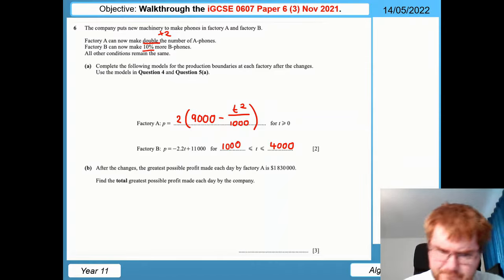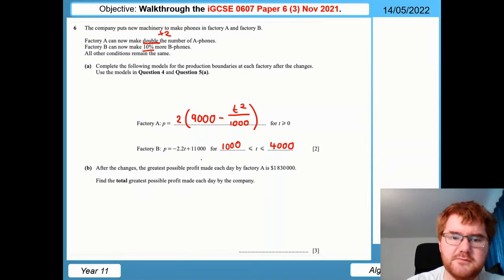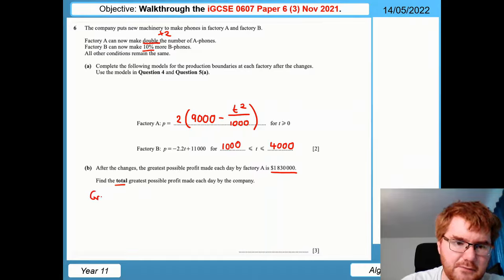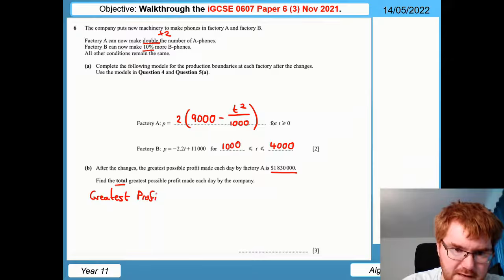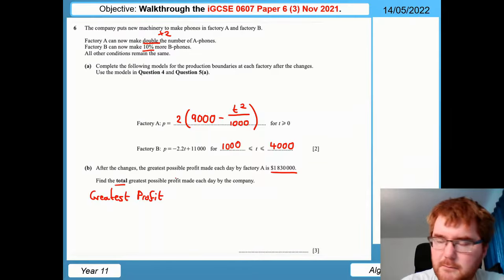the slightest. Now after the changes, the greatest possible profit made each day by factory A is this figure here, and we want the total greatest profit each day by the company. So what we need to do is work out the greatest profit for factory B, and then just add that to that number I underlined.